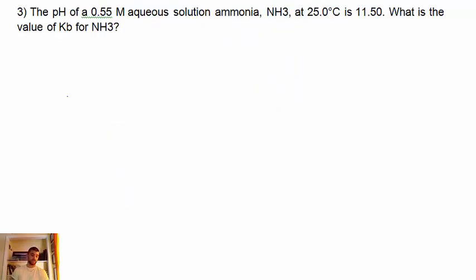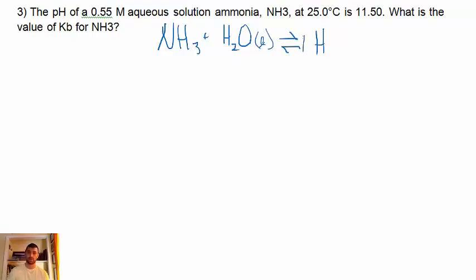All right, number three, doing some math. The pH of a 0.55 molar aqueous solution of ammonia, NH3, at 25 degrees Celsius is 11.5. What is the value of Kb for NH3? So it's saying we have NH3 being put into water, which is a liquid, which gives us NH4 plus and OH minus, and wants to know what the Kb is.